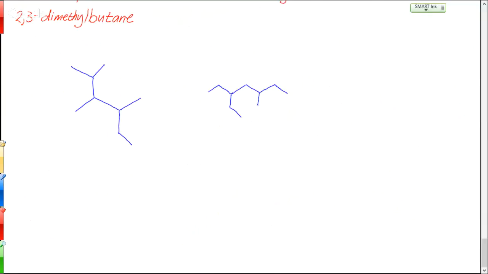Try to follow those rules. If this worked the way it is here, where I would combine 5 carbons, 1, 2, 3, 4, 5, and then 3 going off.